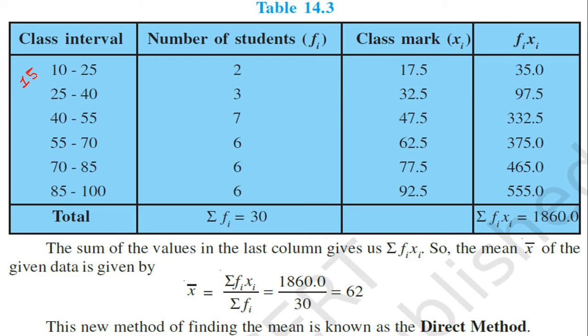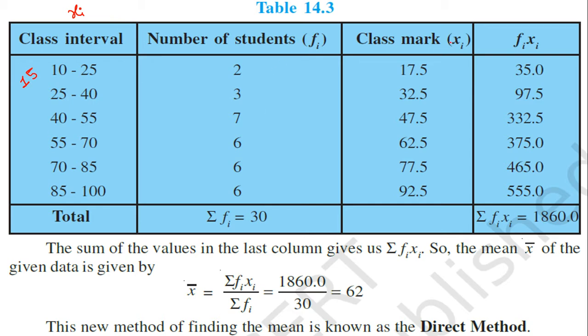Now, one question we discussed in our last lecture: if the data is given directly in simple format, like 15, 25, 17, 18, 20, then that is your xi, and this is your fi.